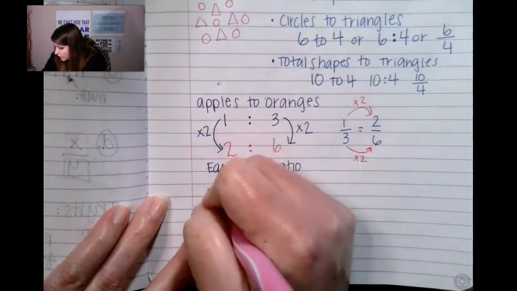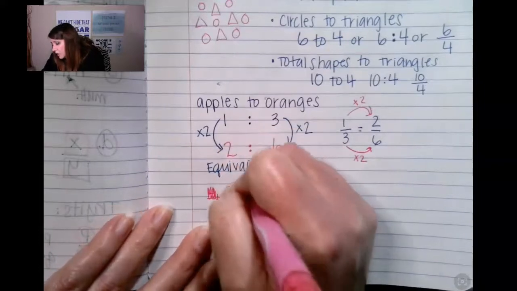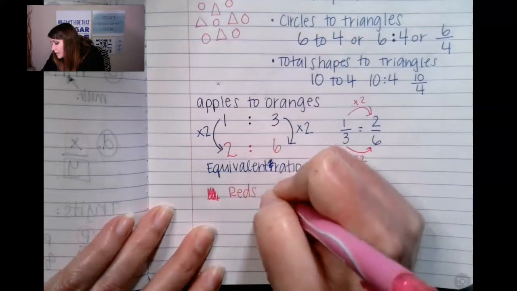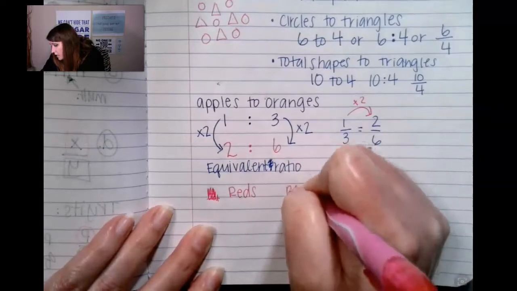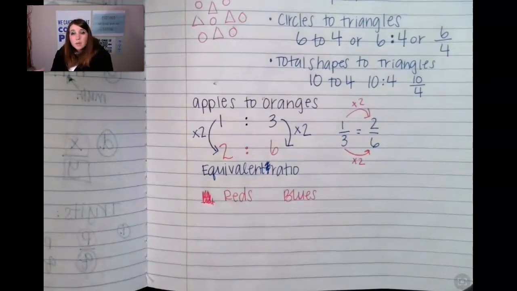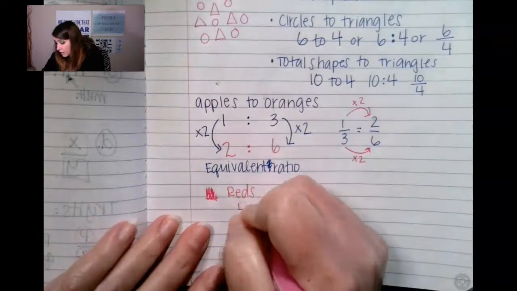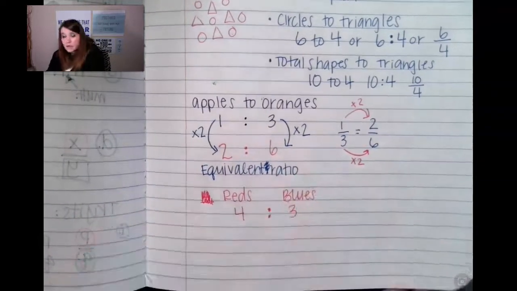Okay, sorry, erase. Okay, let's say that I have red cars and blue cars. So reds versus blues. I have 4 red cars for every 3 blue cars.